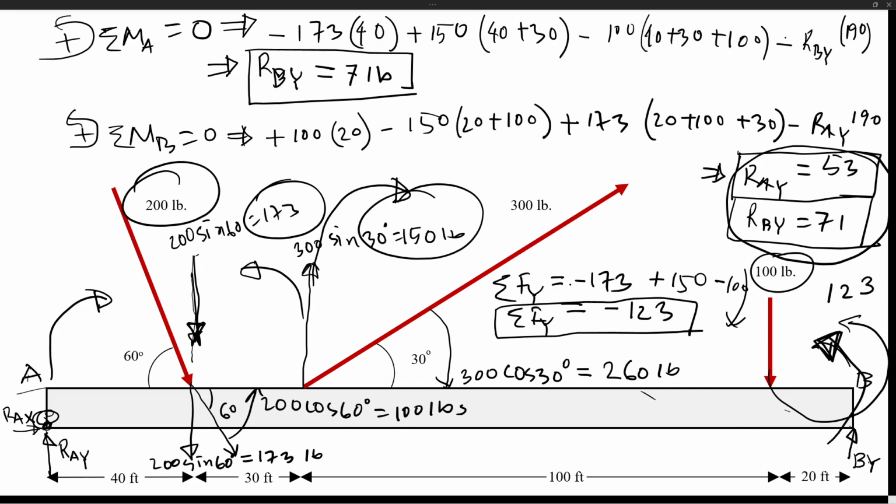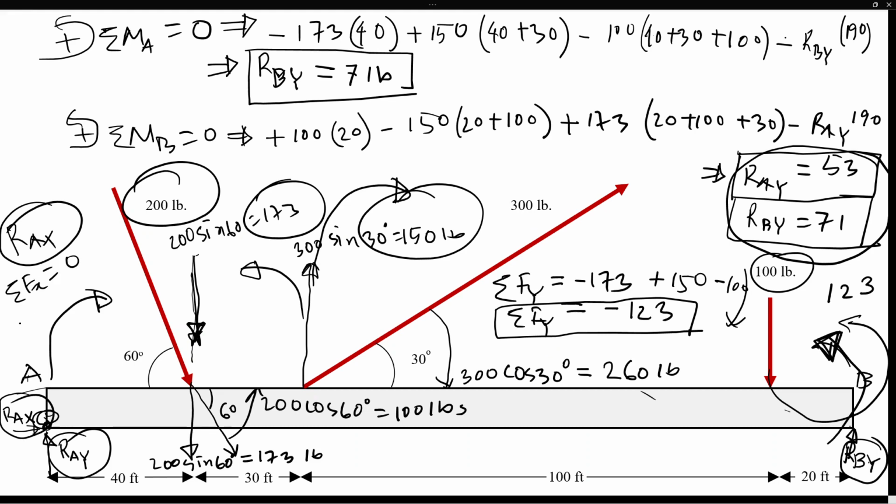Now remember, we have three variables here. We calculated By, the reaction at B, and the reaction at A in the y direction. However, we did not find RAx yet, so by taking moments we couldn't find this one. What you have to do is sum all x forces equal to 0. If you set up that equation, that will give you the answer.